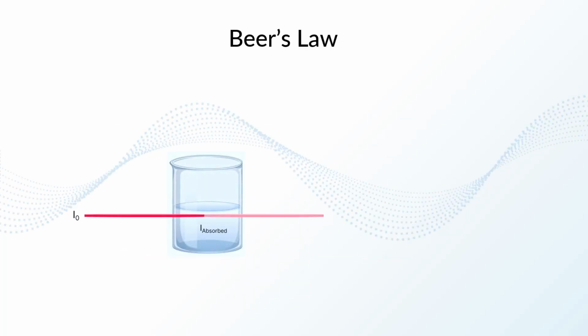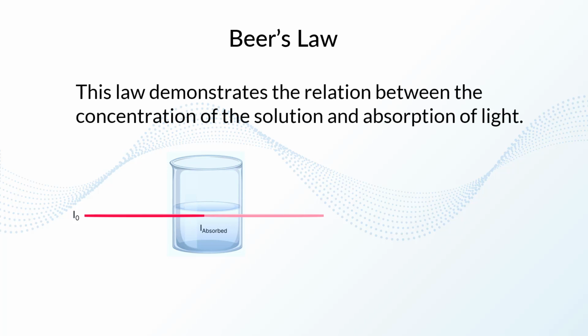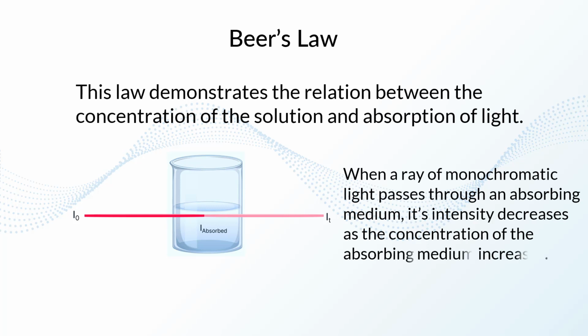However, Beer is also saying the same, except that the light absorption also depends upon the concentration of the solute in a particular solvent. So this law demonstrates the relation between the concentration of the solution and the absorption of light. The amount of solute present in solution matters a lot. When a ray of monochromatic light passes through an absorbing medium, its intensity decreases as the concentration of absorbing medium increases.